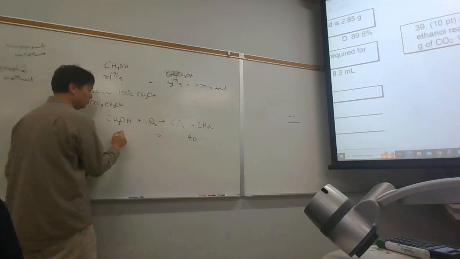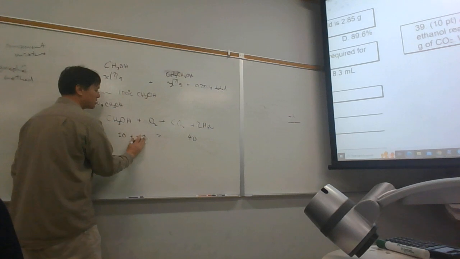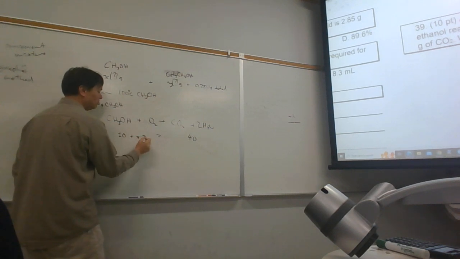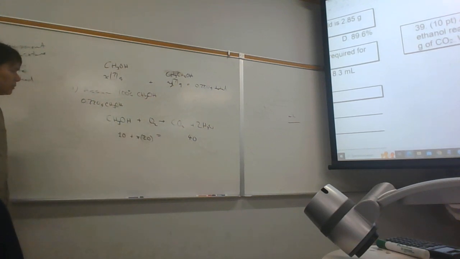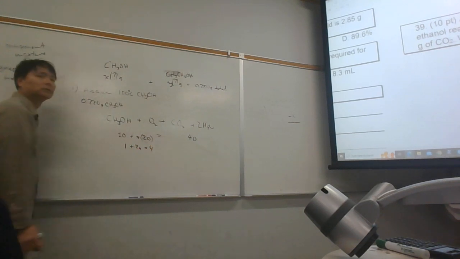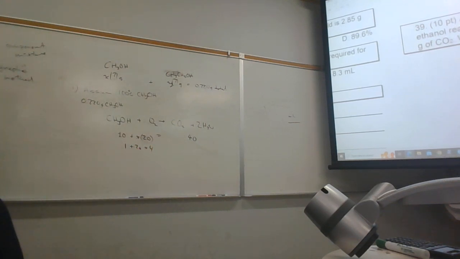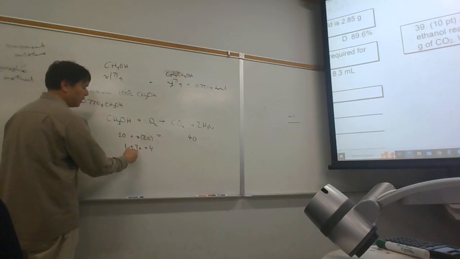And this is going to be 1 oxygen plus X times 2 oxygens, gives me 4. And so what is X? In other words, 1 plus 2X gives me 4. What is X? Just tell me what X is.